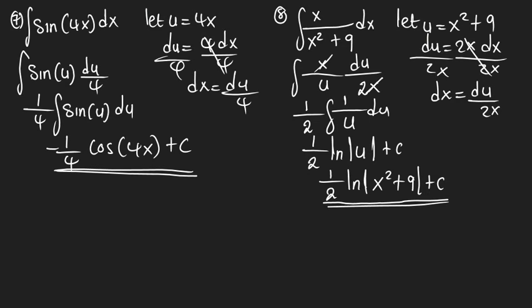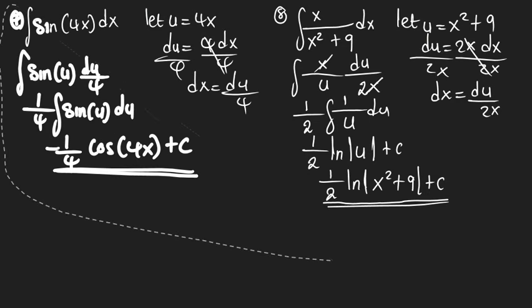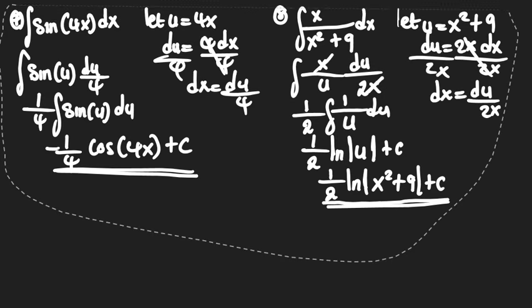We see question 9. You have an upper limit of 4, then you have a lower limit of 0, then of course you have the root of 16 minus x to the power 2 dx.